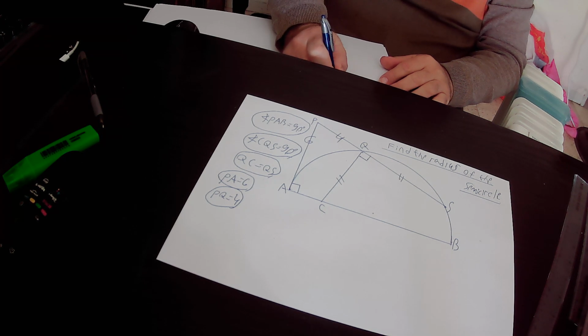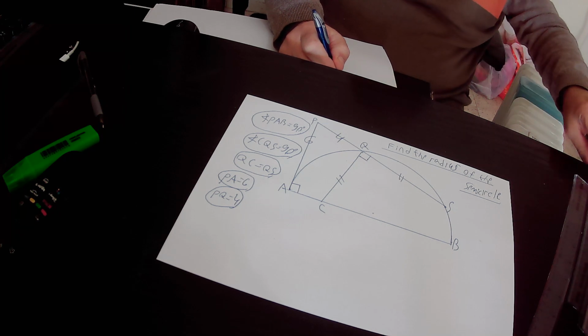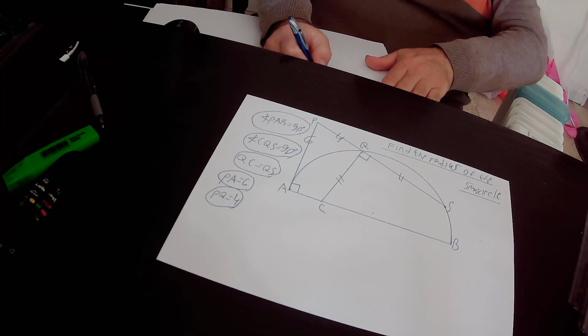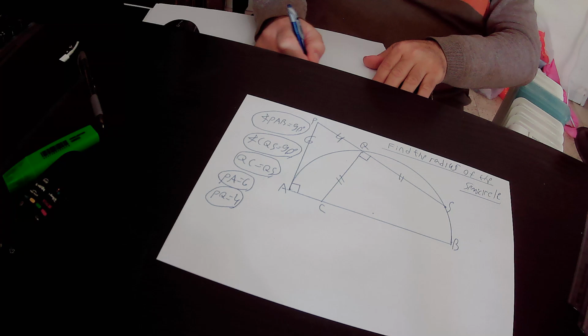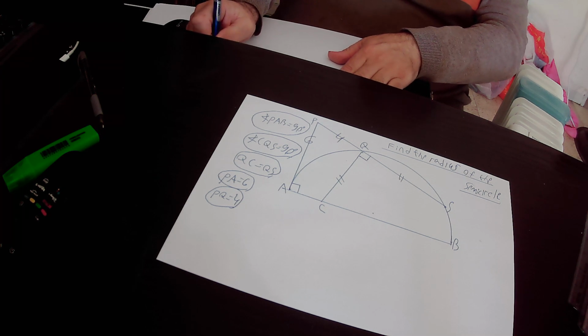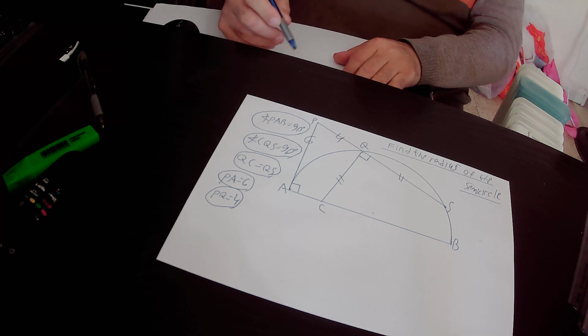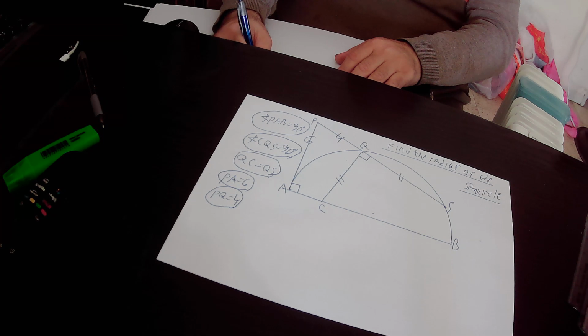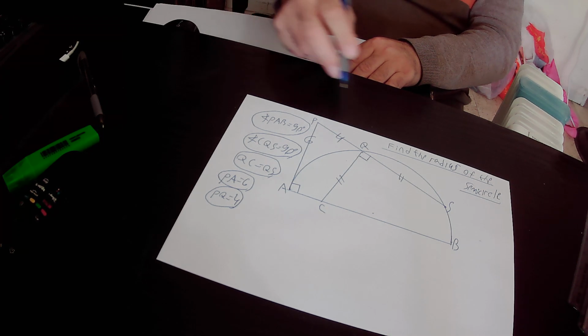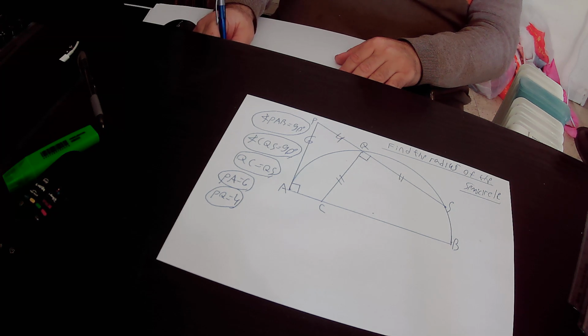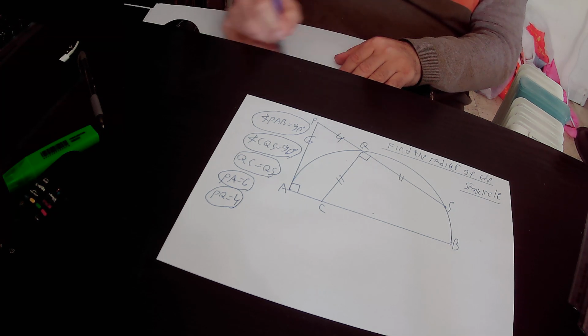And according to rule number 10, PA square equals PQ times PS.